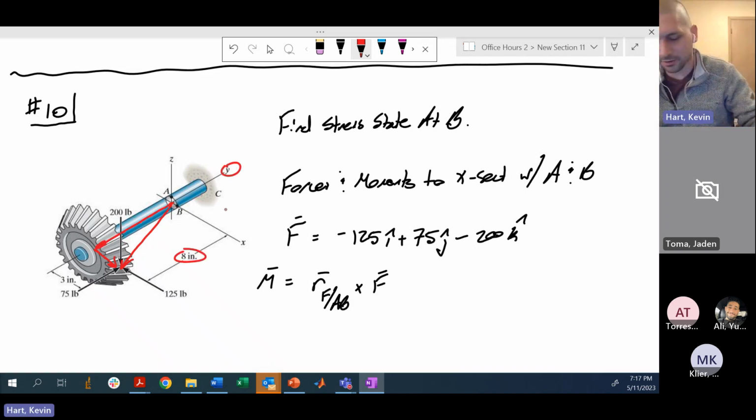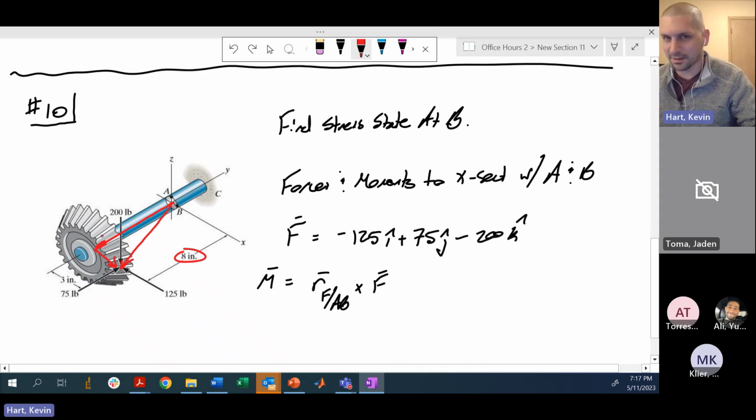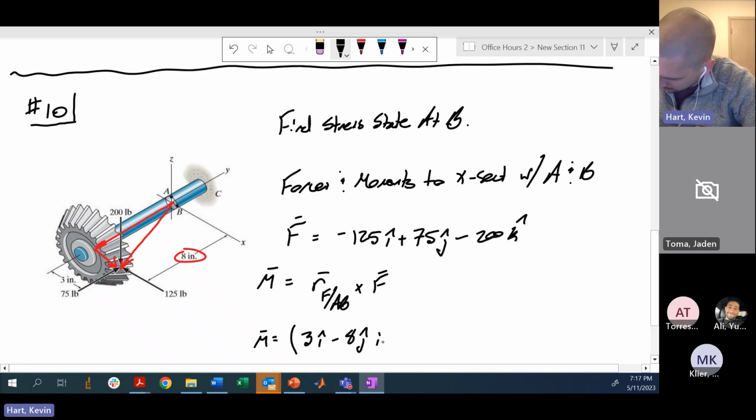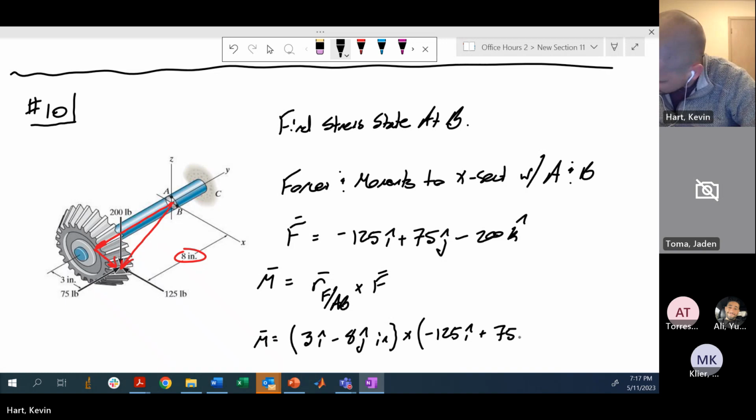So positive J hat is sort of like pointing backwards. So since we're going this general direction, kind of to the down left, we have a negative 8 here. So my position vector is 3 I hat minus 8 J hat. This is inches. And I'm crossing that with my force, negative 125 I hat plus 75 J hat minus 200 K hat pound.